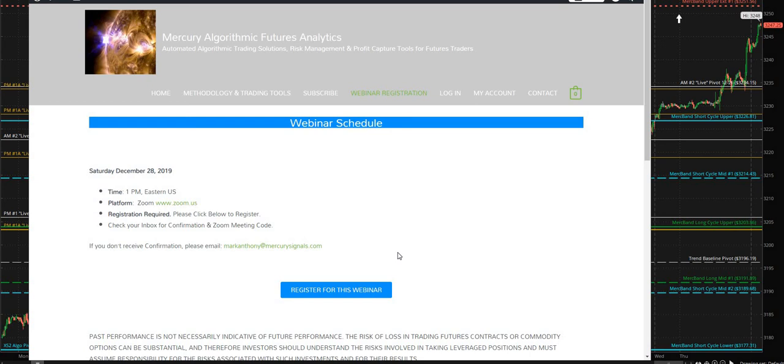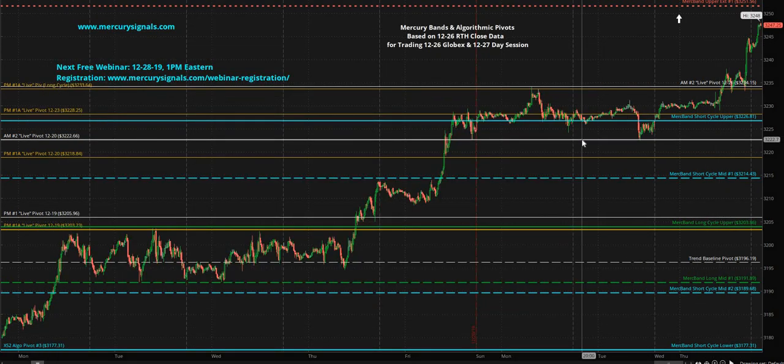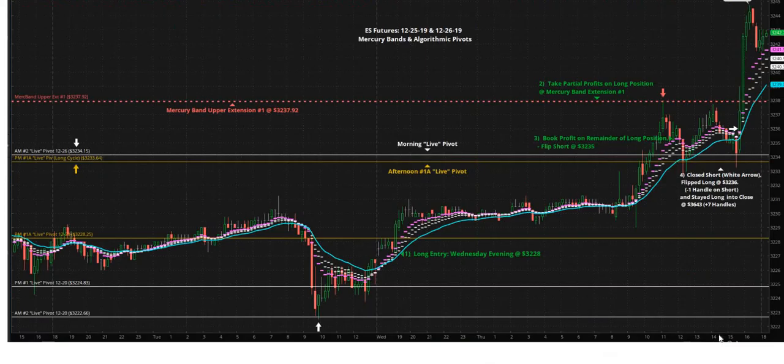And remember, the whole bottom line is these are institutional level algorithms that are available for individual traders. And I'm telling you, there is nothing the institutions have that is any better or any more precise than this. And the beauty of what we do is not only do we show you live on screen, our subscribers get a live chart. This is exactly what they saw.